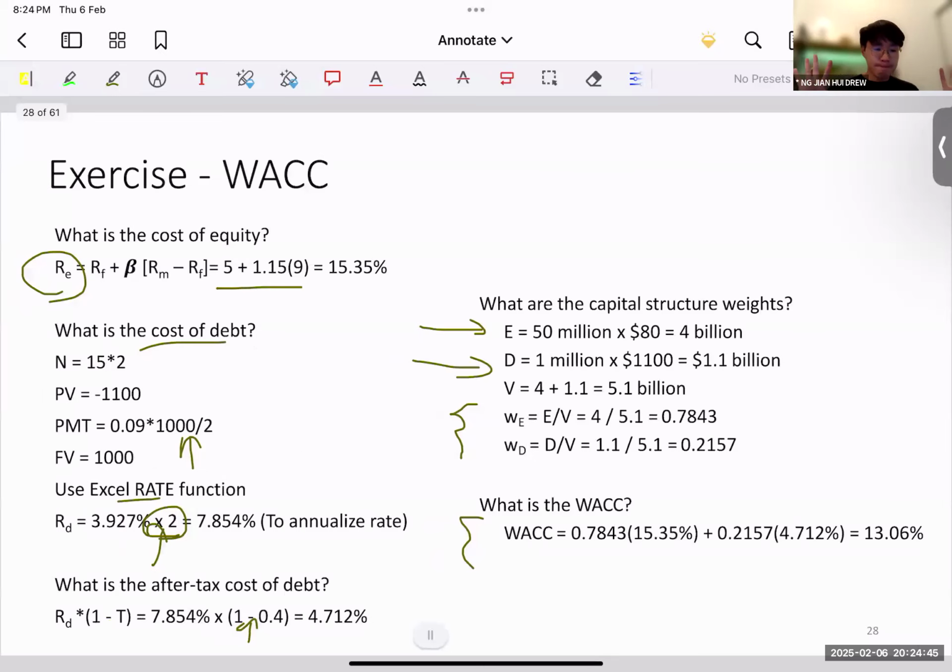Okay. So having done WACC, we are now... okay. What is the difference between rate and yield in Excel? Is there a yield function? Let me see. Just give me a moment. Let me just check what the yield function is because I've not used that.